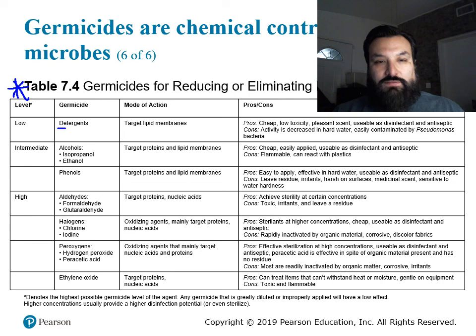By looking at the families: detergents, alcohols, phenolics, aldehydes, halogens, peroxygens or peroxides, and ethylene oxide, those are your 7 families. Everything falls under those. And then you want to look at the mode of action.